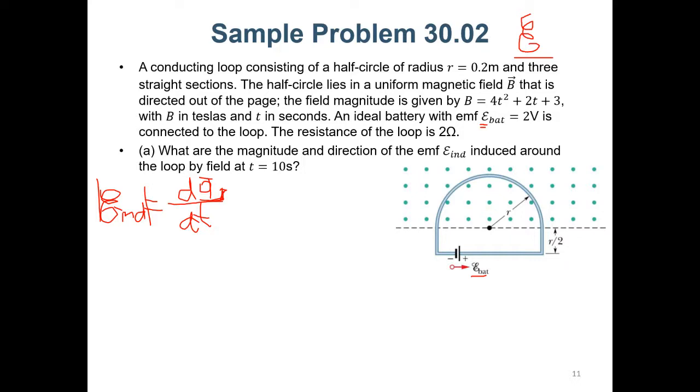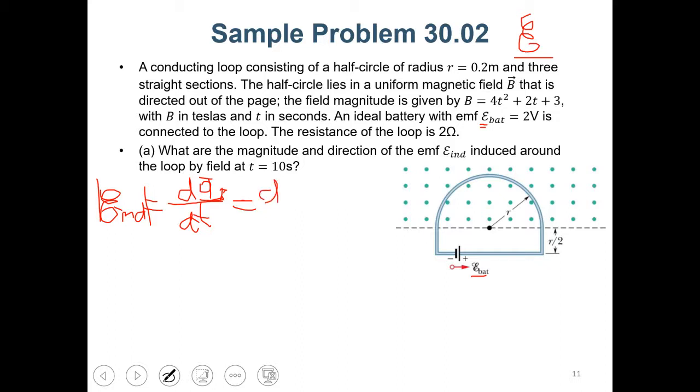And actually, B does not relate to the space. So it is constant across the loop.